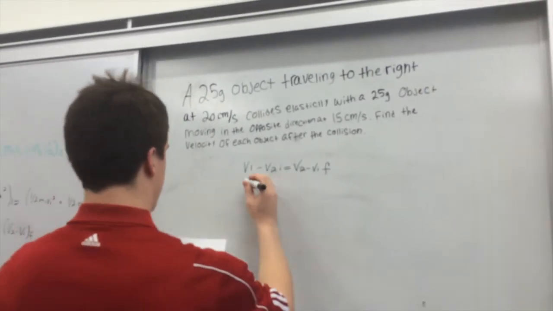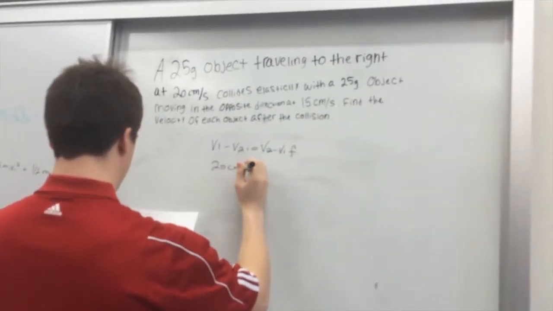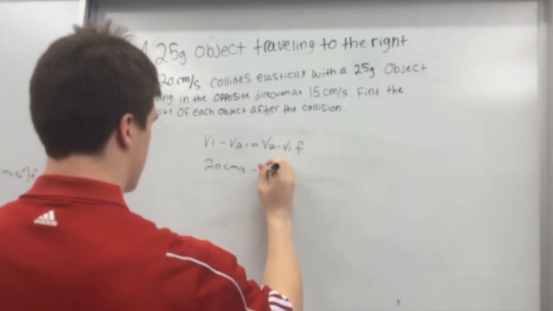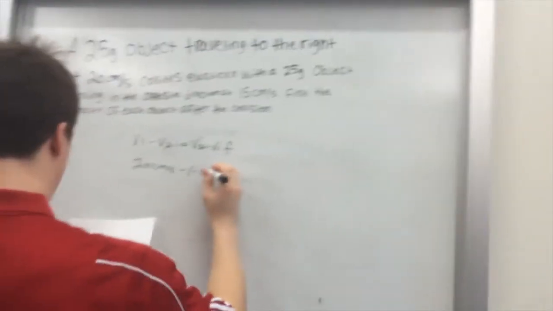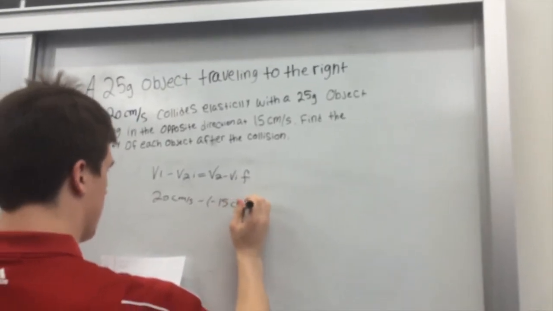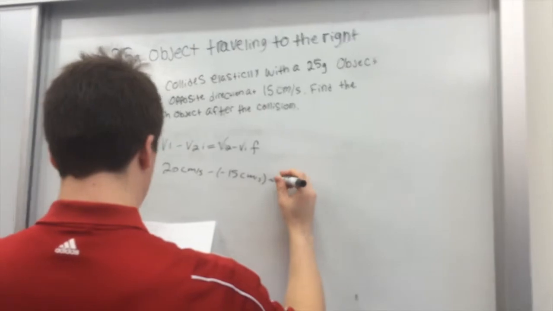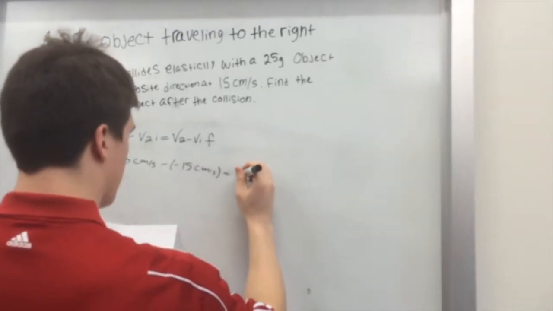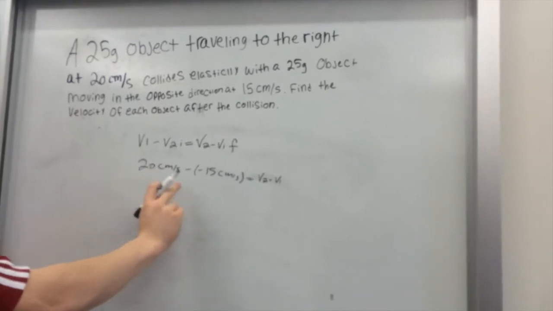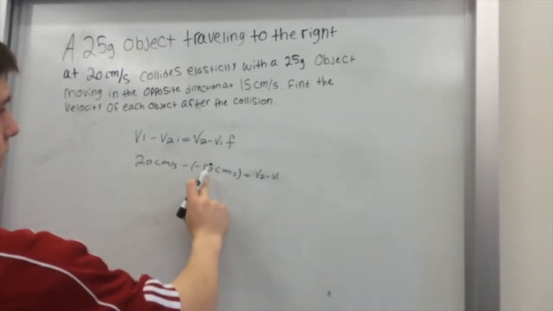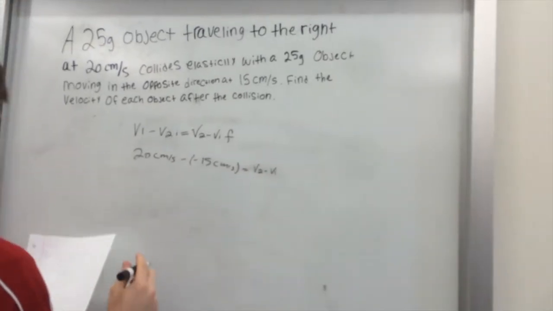So what we have is 20 centimeters per second minus negative 15 centimeters per second equals V2 minus V1.